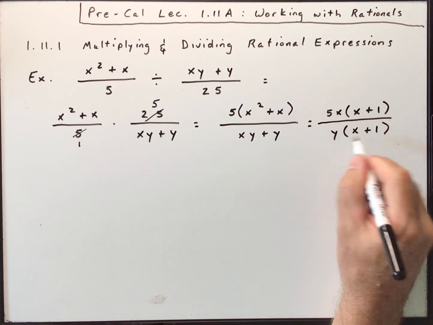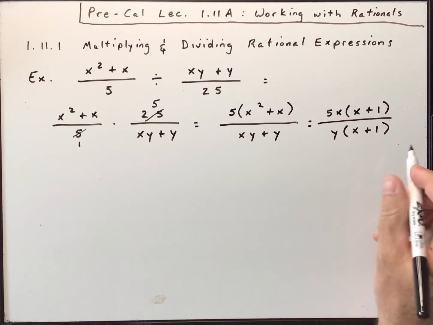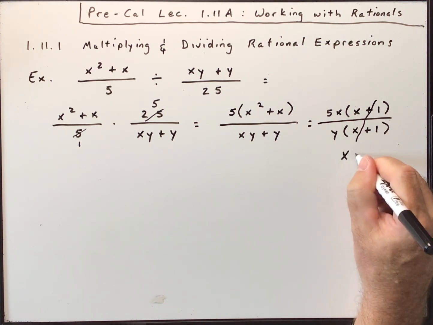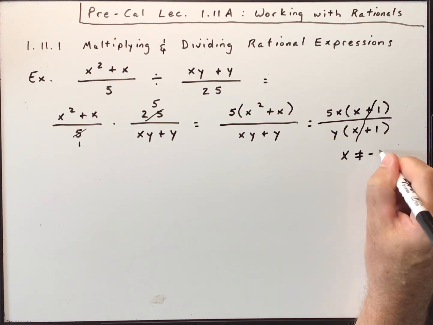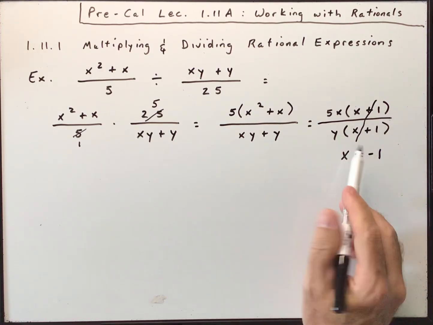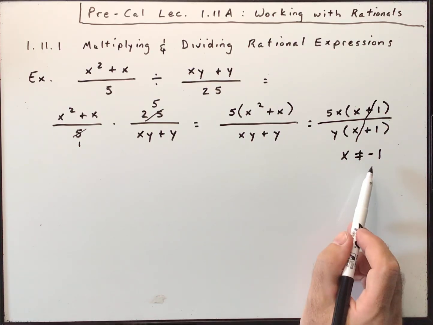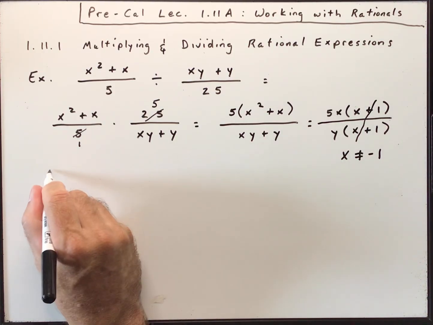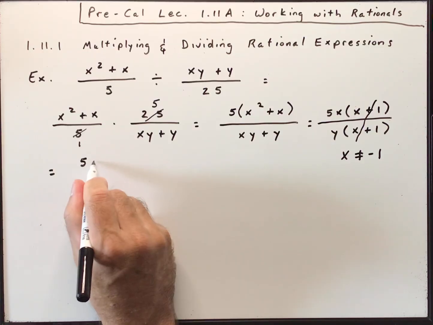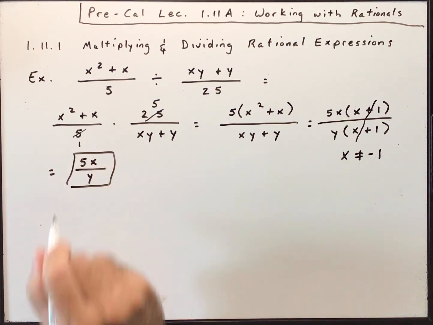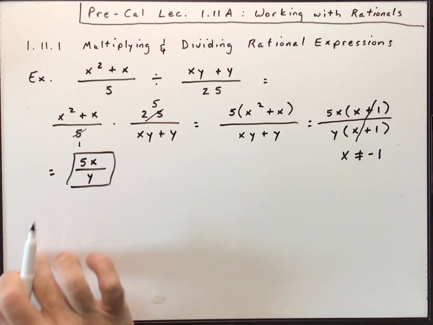So that would give you xy plus y. And we can cross out the x plus 1. So fortuitous, as long as x does not equal -1. If you cross something out, you've got to give the proviso, the domain restriction. So this is going to be 5x over y. All right, there you have it.